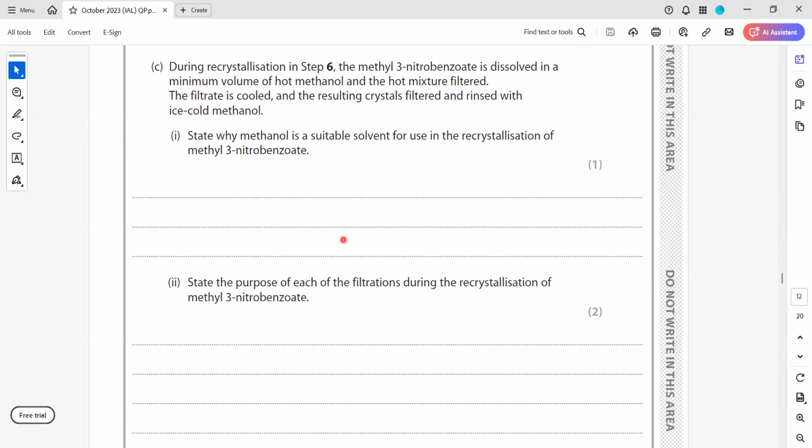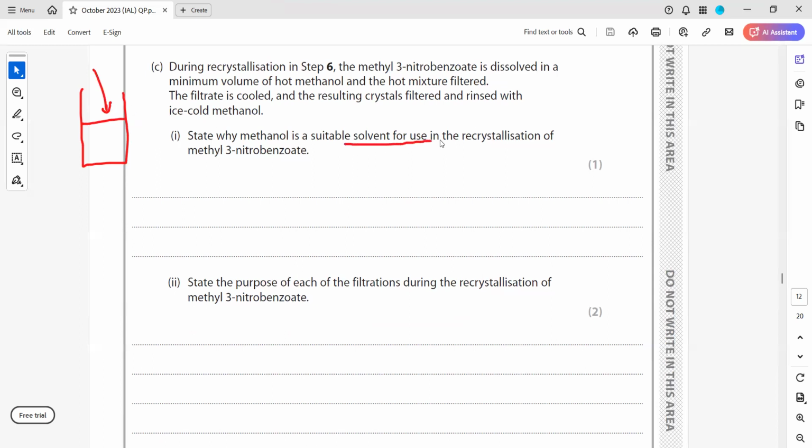It will have a higher solubility, and with solubility you always compare with temperature, because at high temperature it will dissolve more, at low temperature it will dissolve less. Its solubility changes with temperature. At low temperature, the substance is less soluble. At high temperature, the substance is more soluble.